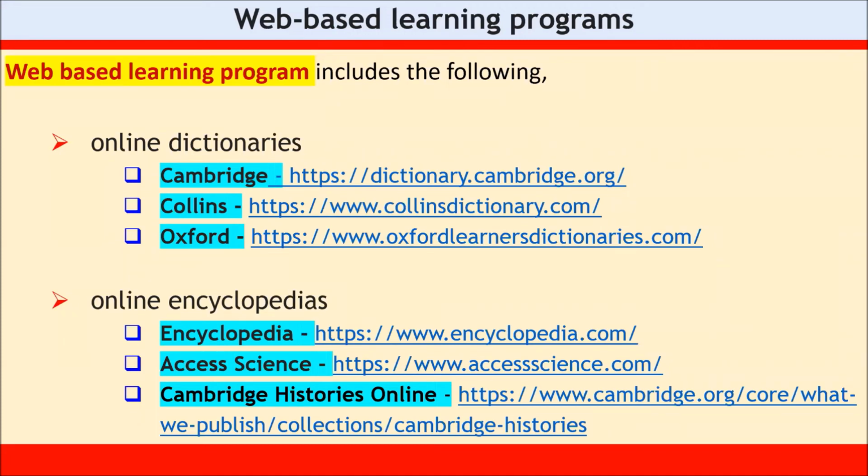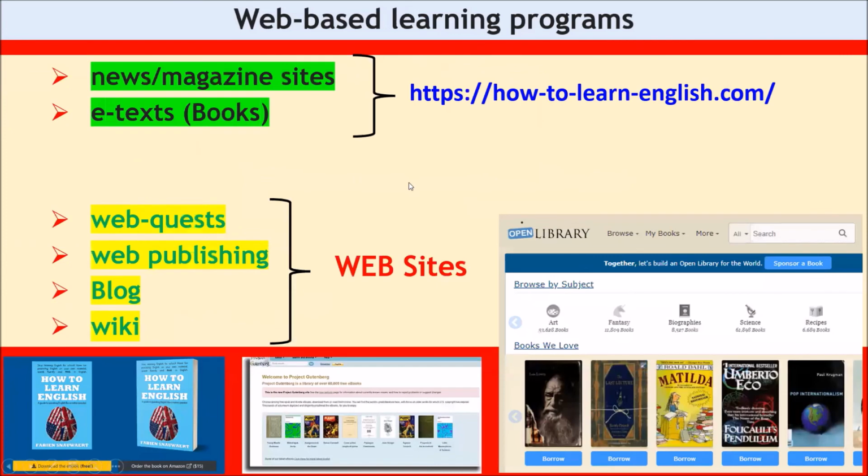Then Cambridge History Online. In that way, there are some encyclopedias also available. You should know the difference between dictionaries and encyclopedias. If you consider web-based learning programs, these things are also important.